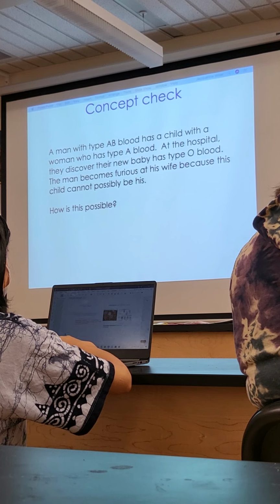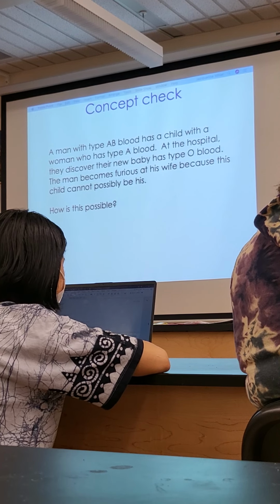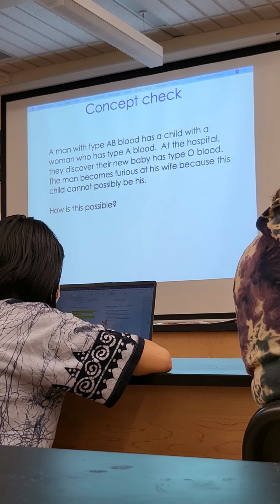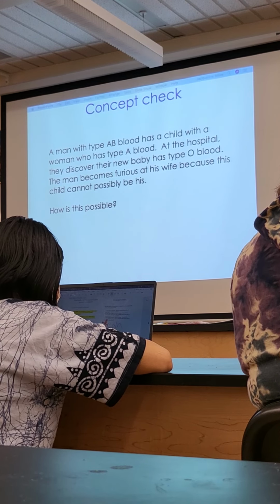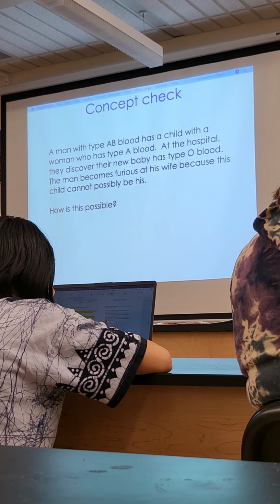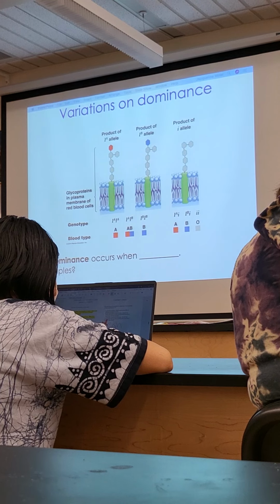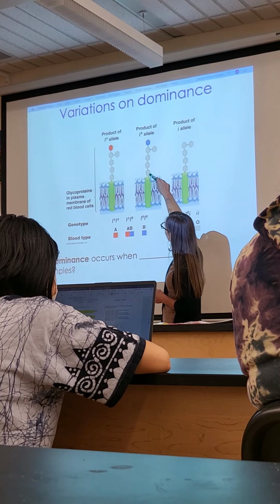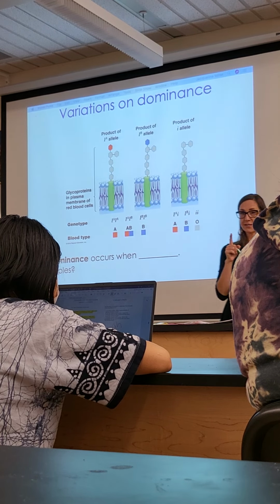actually was his. It turns out that in addition to the I gene, there's another gene that controls the stem, basically the part of when you're building the glycoprotein. Let me go back to that picture of the blood group. So the I gene controls what sugar you add, but there is a gene called H gene that controls this little stem that starts off the whole process.